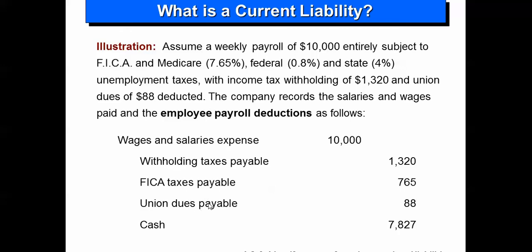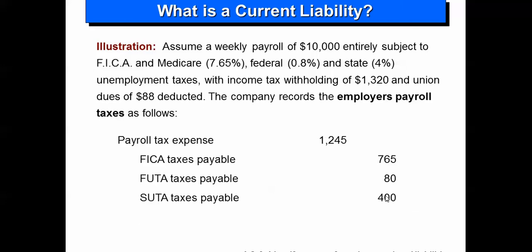Because employees got to pay their union dues. Now notice you don't put the unemployment stuff in. That's going to come later because the employee doesn't make that part of the payment. So once you do all this, the last thing you do is the cash, because that's the net amount that goes to the employees. All the rest of the stuff they take out of their check and they hold it for later.